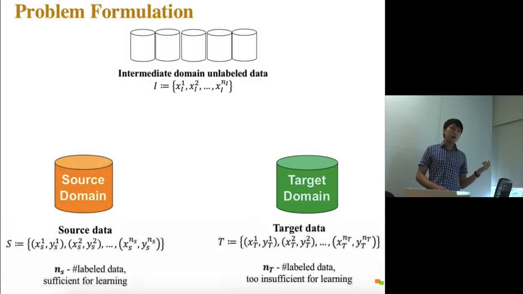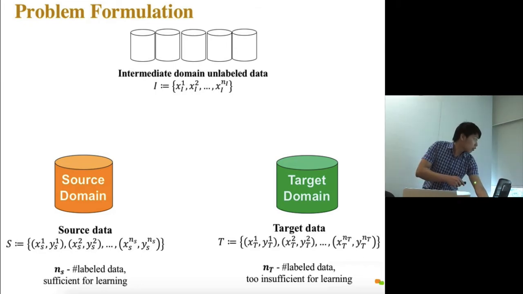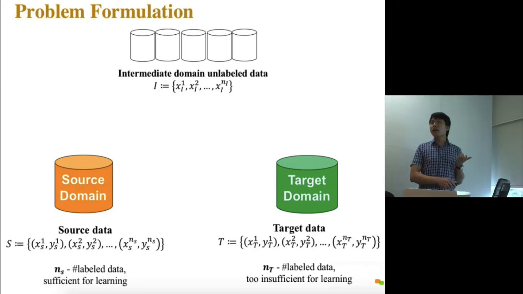So the problem that we have at hand right now can be formulated as follows. You have a bunch of data in the source domain, which is labeled data, and it is supposed to be sufficient to build a classifier in the source domain.